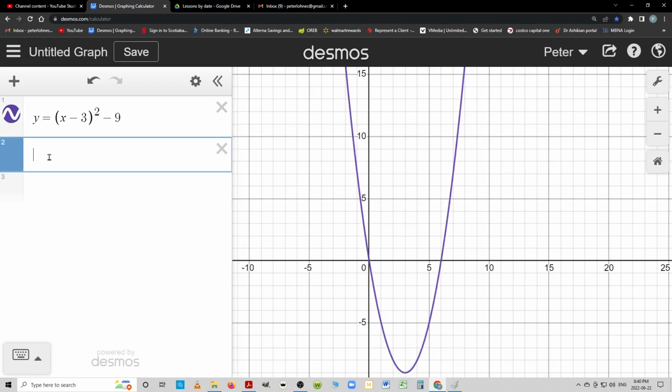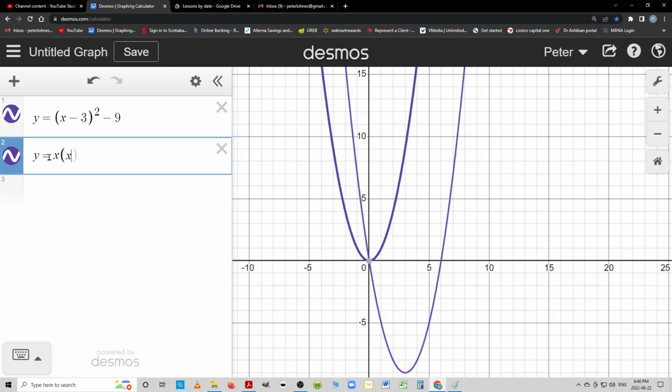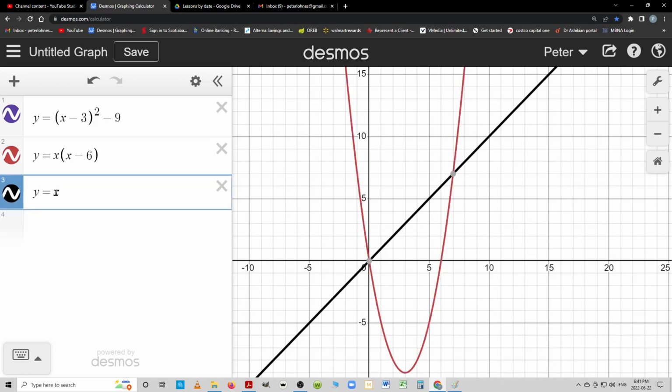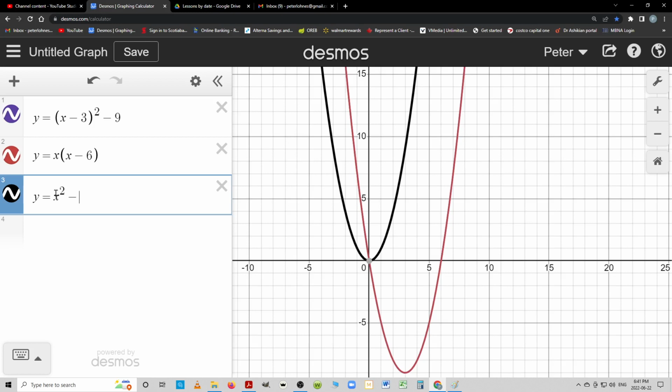It was also written as this. Same graph. And it was also written as this. Same graph. All the same graph.